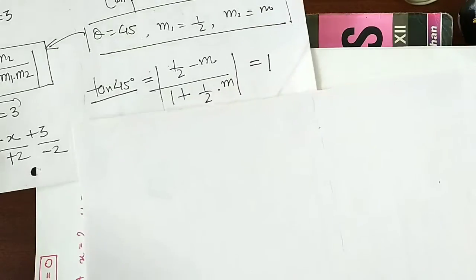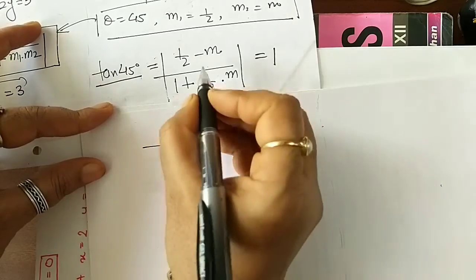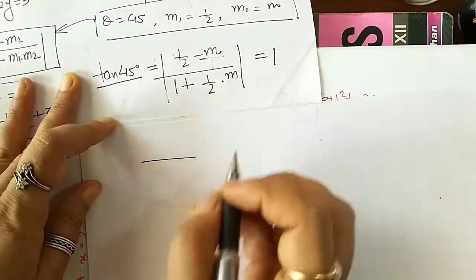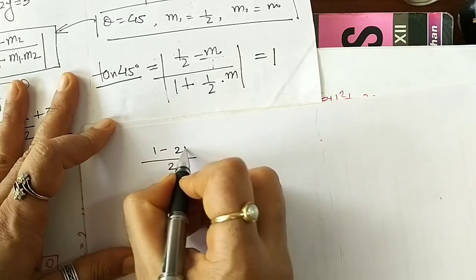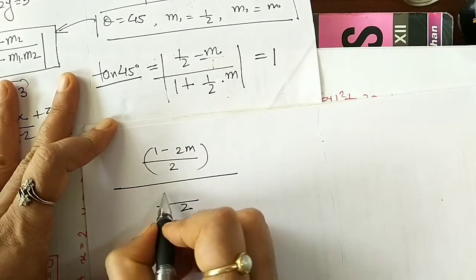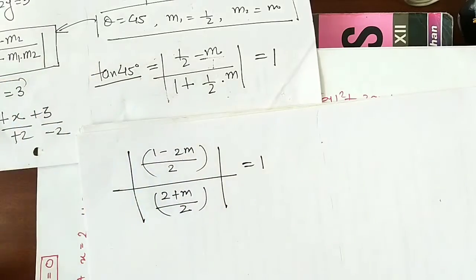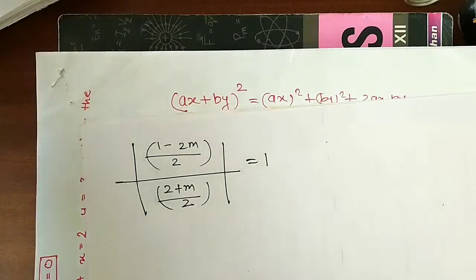To simplify it, guys, see here, can I write the LCM as 2? So it is (1 minus 2m) divided by 2, and here also the LCM is 2 and it will be (2 plus m), mod is equal to 1. Okay, from here I can move on.